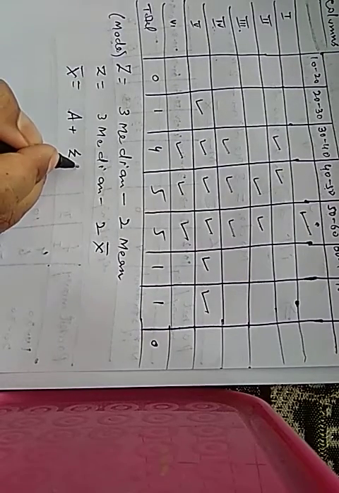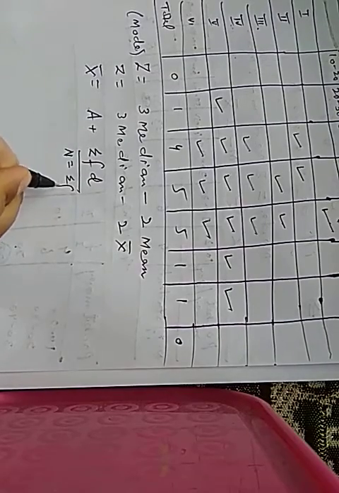And the formula of mean by the shortcut method is a plus sigma fd divided by n, where n is equal to sigma f.